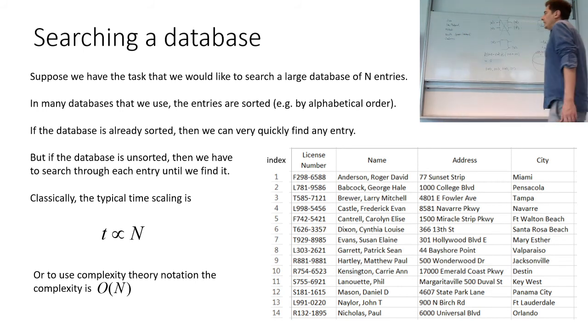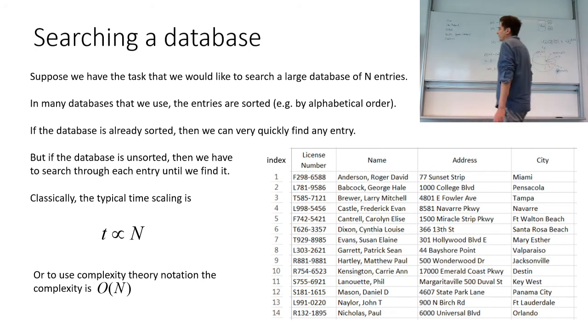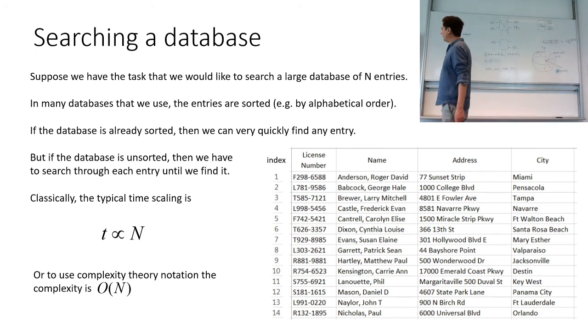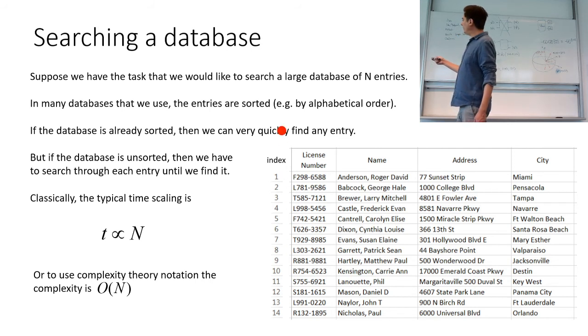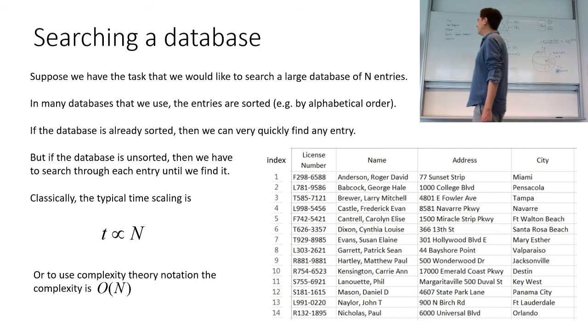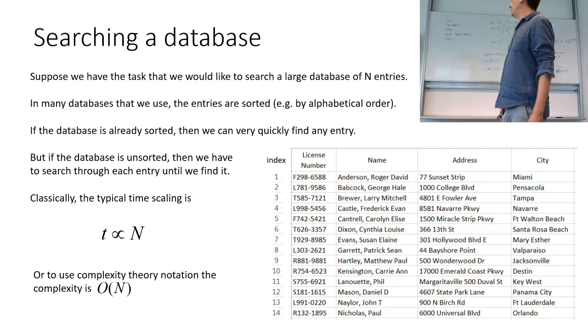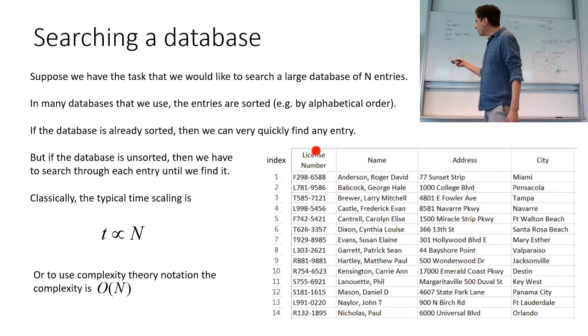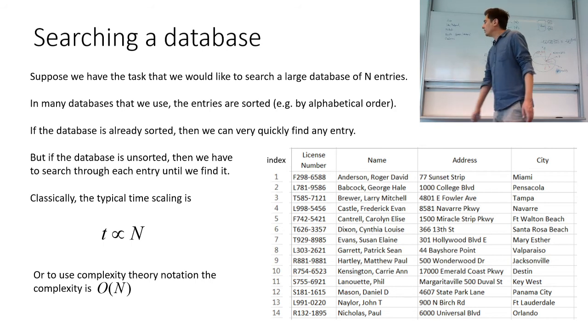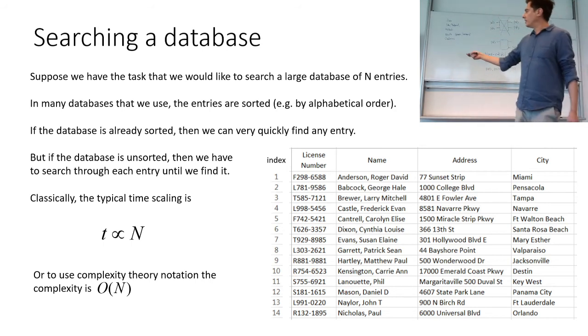But if it's not ordered, then it's a little bit more difficult to find particular entries. So if I were to say, where is license number S7556921, then you'd have to go through each one and go, yes, no, like this, and then you go, aha, yeah, there it is.